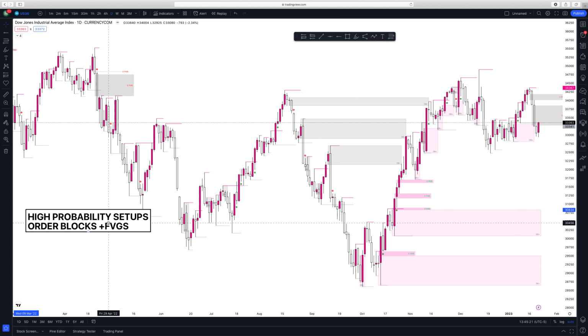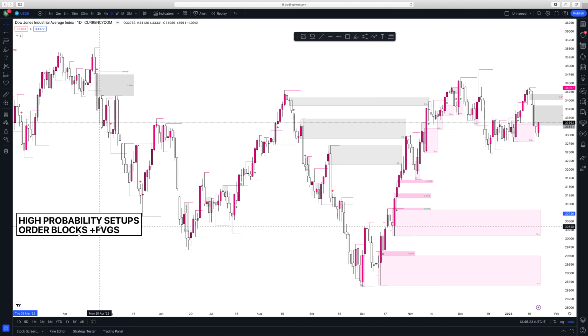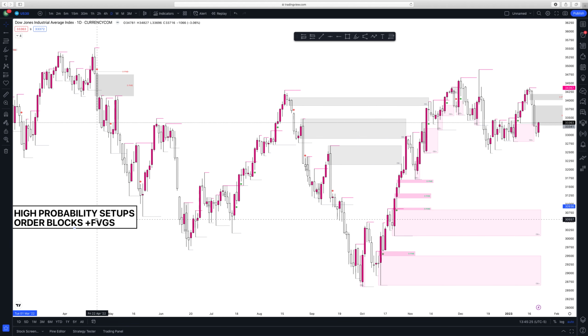So we will be going over high probability setups using order blocks and fair value gaps in the market.